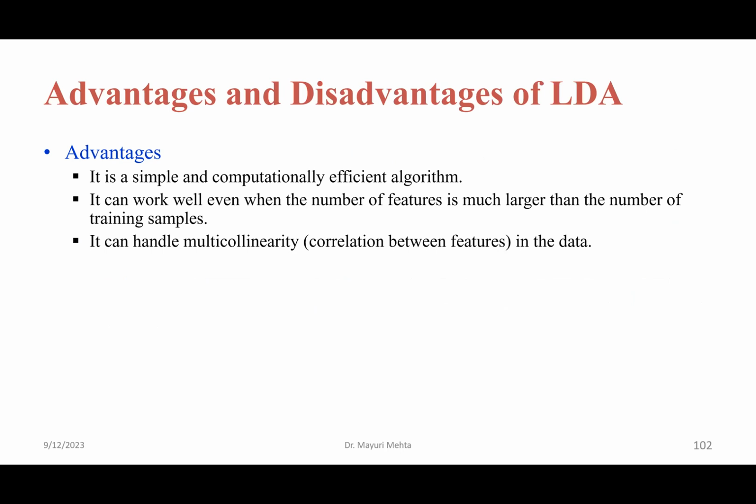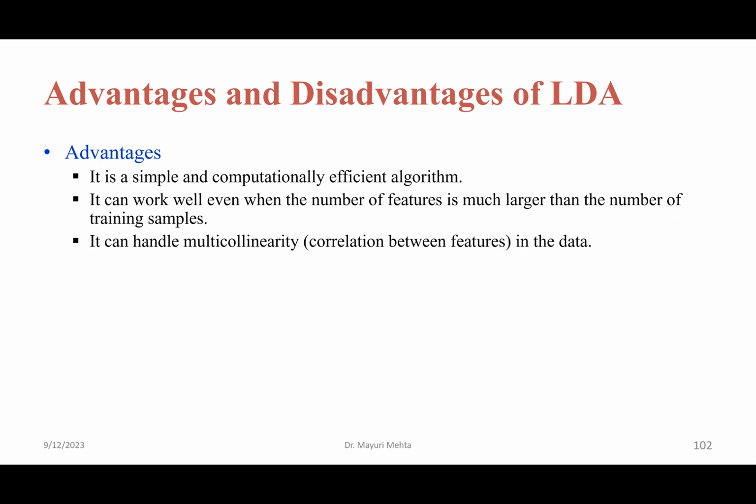These are the advantages and disadvantages of linear discriminant analysis. Advantages: it is a simple and computationally efficient algorithm. It can work well even when the number of features is much larger than the number of training samples, where logistic regression fails.